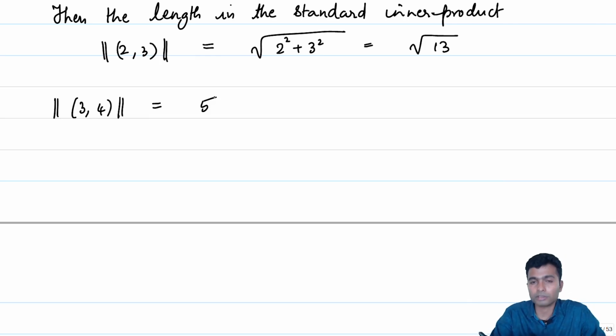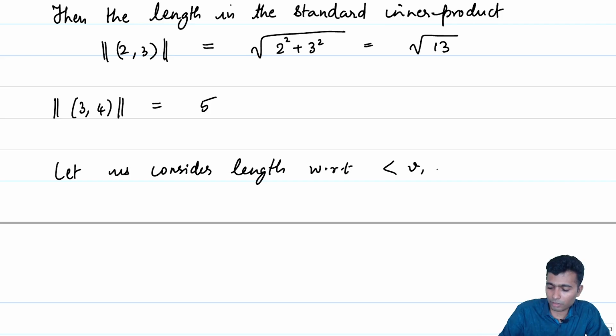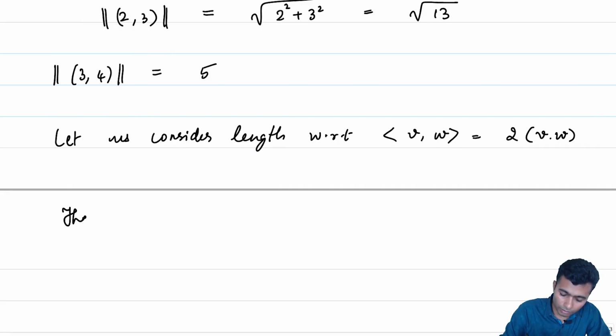But as you can see, this is with respect to the standard inner product. What if we change to the other inner product on R2 that we were considering? So let us consider length with respect to the inner product v comma w equal to 2 times v dot w. Let's see what happens here. What is the length of (3, 4)?